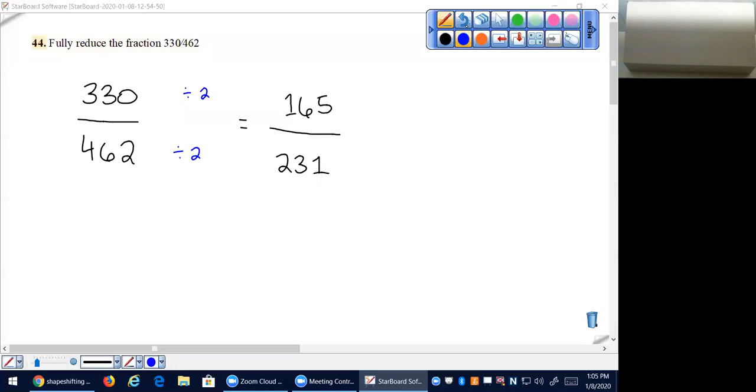Remember our divisibility rules. If I add up the digits, 1 and 6 and 5, what do I get? 12. And if I add up 2 and 3 and 1, I get 6. So 3 is going to go into both of those.